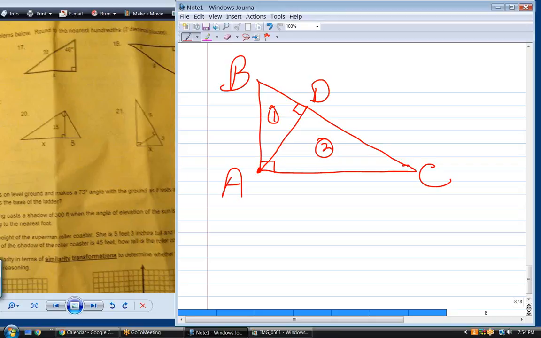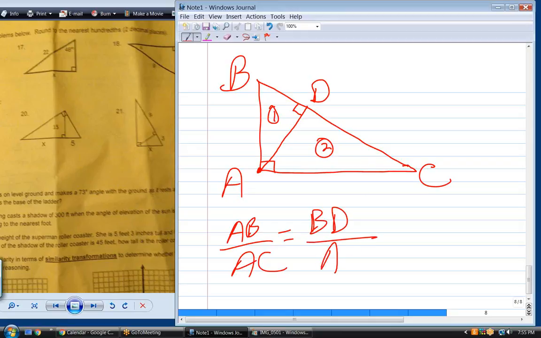Which side of the second triangle is proportional to side AB of the first triangle? No, you want the hypotenuses. AB is the hypotenuse of triangle 1, so it'd be AC. If I wanted to start setting up ratios, I could say AB is to AC, that hypotenuse is to that hypotenuse, as, let's do the short side. BD is the short side of triangle 1. What's the short side of triangle 2? It would be AD.